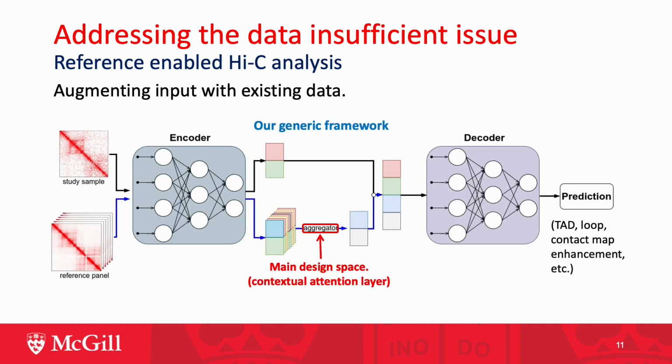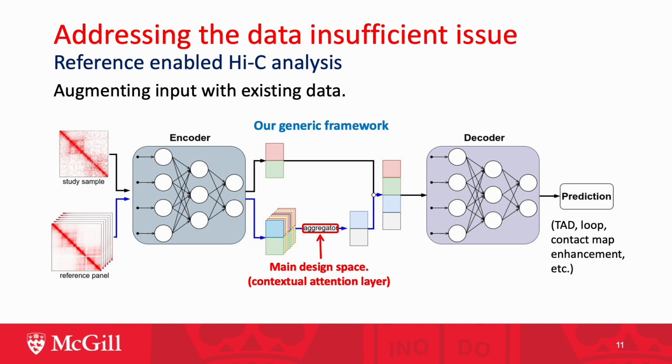We introduced a reference-enabled Hi-C analysis framework last year to address the data insufficiency issue. The core idea is we can augment the input with additional existing data. Here is our generic framework. It contains an encoder and a decoder.